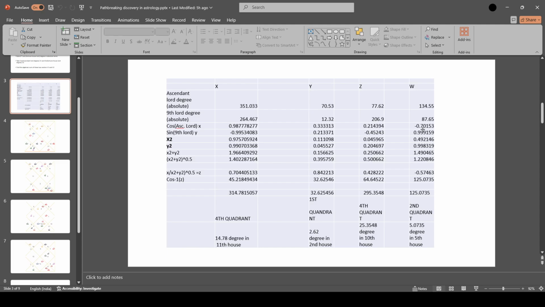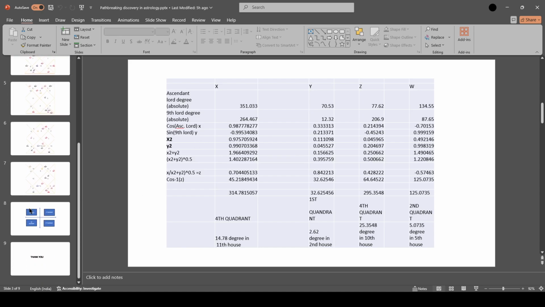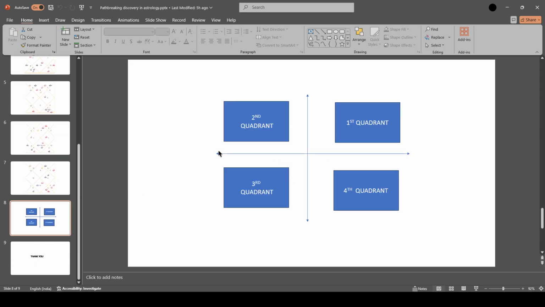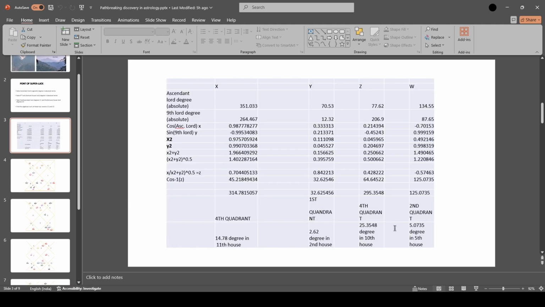You can see the horizontal component is negative and vertical is positive. When horizontal is negative and vertical is positive, it is in the second quadrant. So here it is falling in the second quadrant and it is 125. That means it has completed 4 zodiacs and it is in the 5th zodiac, 5th house basically. So the point of massive luck falls in 5th house at 5.07 degree.